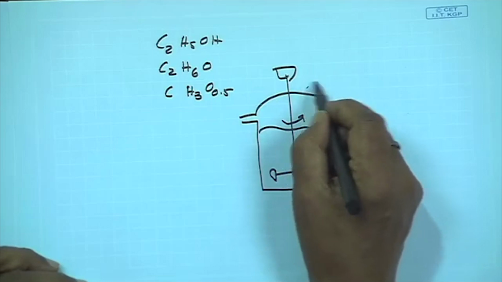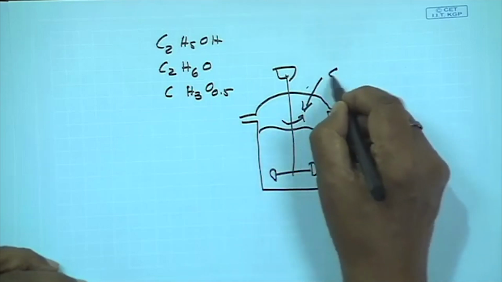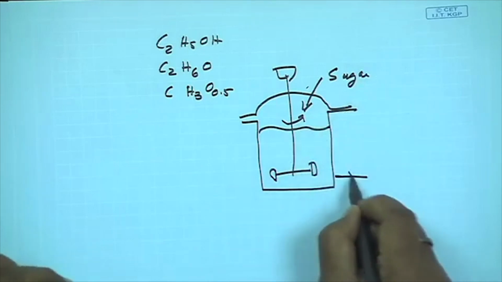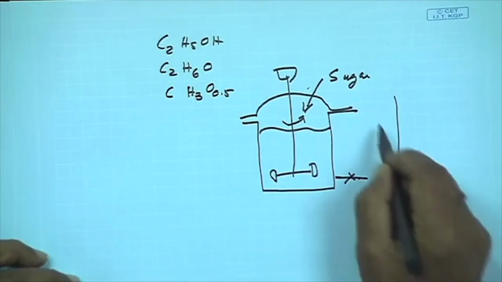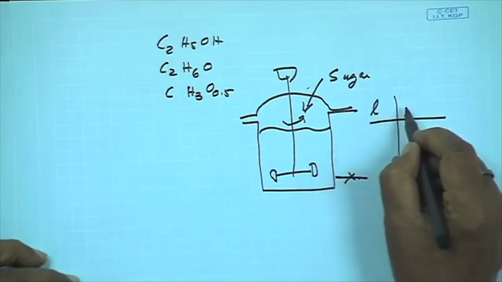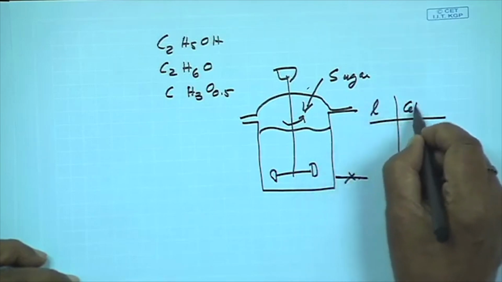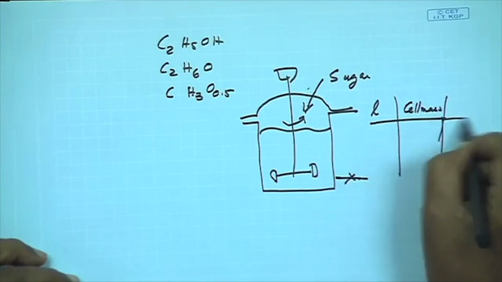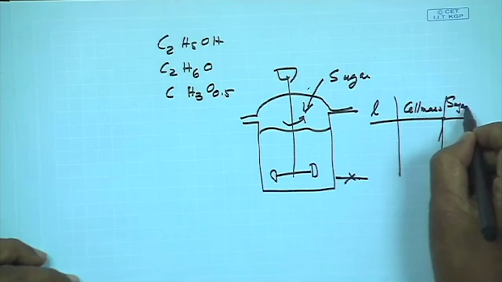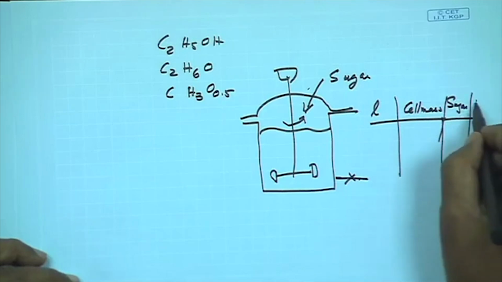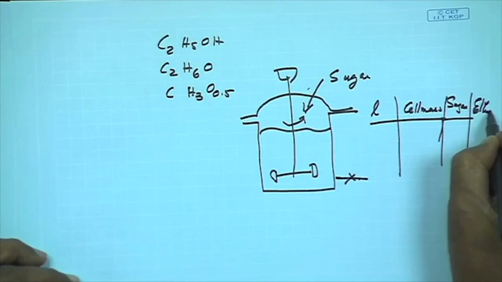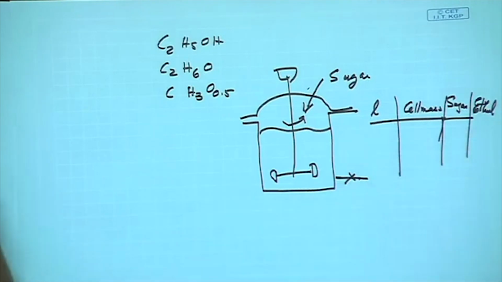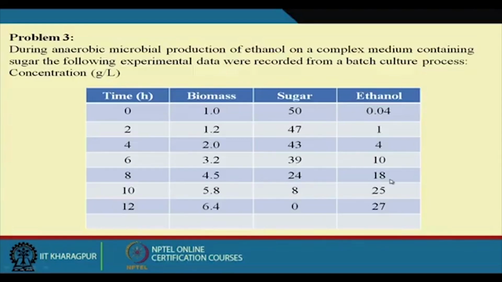We put ethanol and sugar in the media, and from time to time we draw a sample and find out, at different times, the cell mass or biomass production, the sugar concentration, and the ethanol concentration. So we can find out the different concentrations in this reactor.